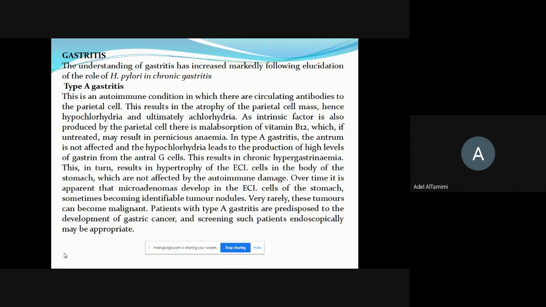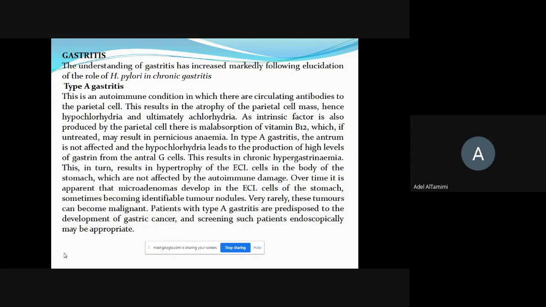Type A gastritis. هذا هنا مو H. pylori. هذا autoimmune condition in which there is a circulating antibody to the parietal cells اللي هي اللي حكيناها acid secreting cells within the body of the stomach. This results in atrophy. همينة كانوا يسموها atrophic gastritis. Atrophic gastritis. بس هسه سووها type A gastritis اللي هي autoimmune.